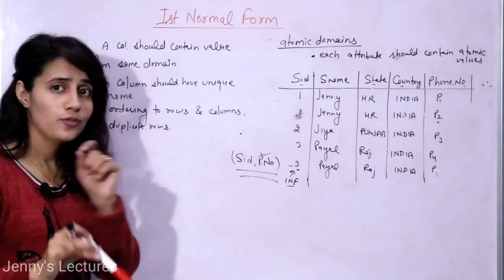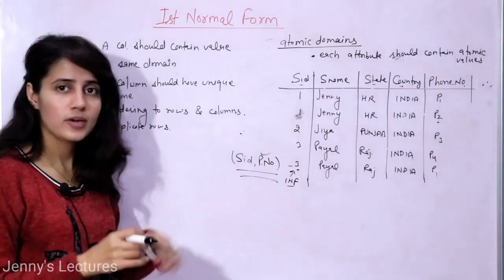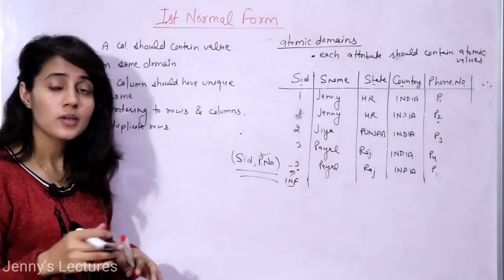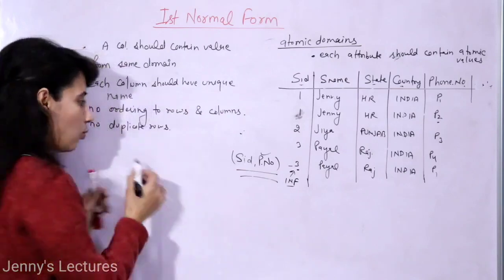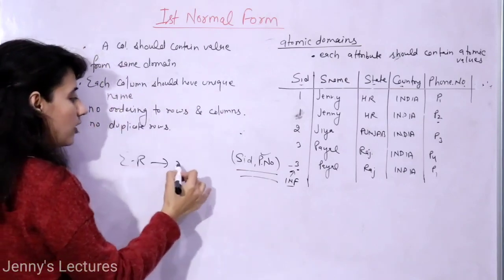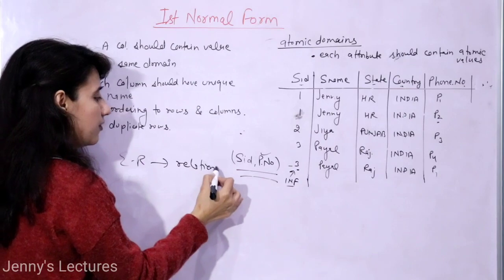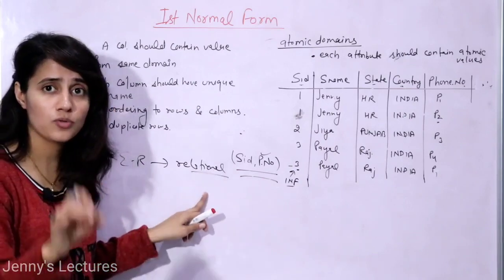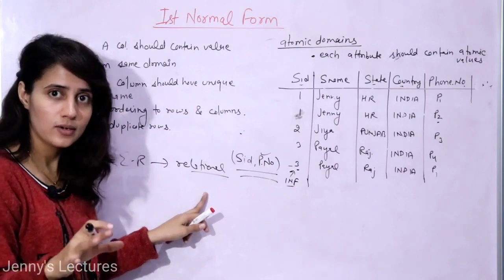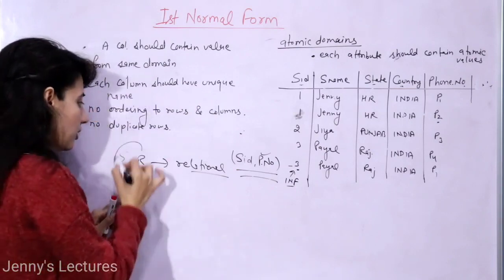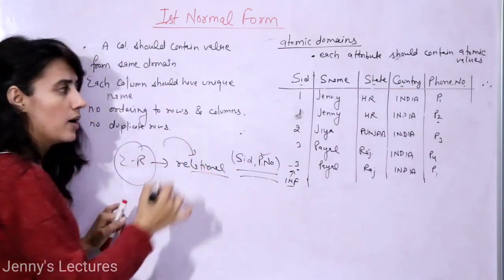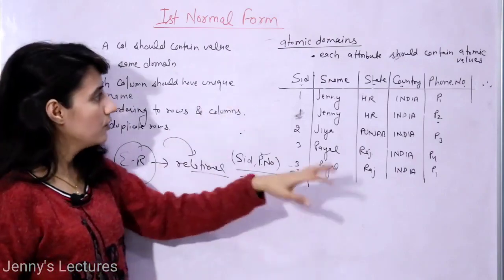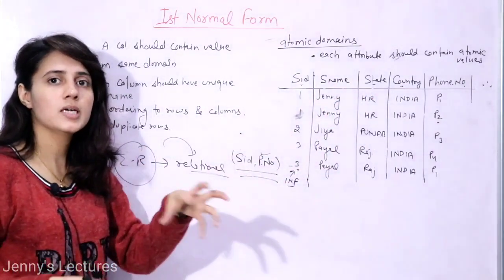Now the very important point is what? This is a theoretical concept, first normal form. When an ER diagram is converted into a relational schema, then that schema would definitely be in first normal form by default, right? When you are converting an ER diagram into a relational schema, every multi-valued attribute would get a separate table.